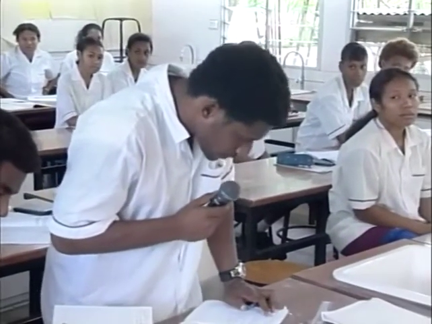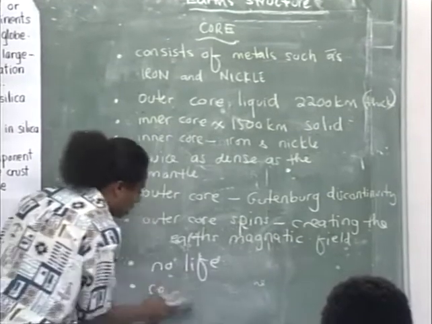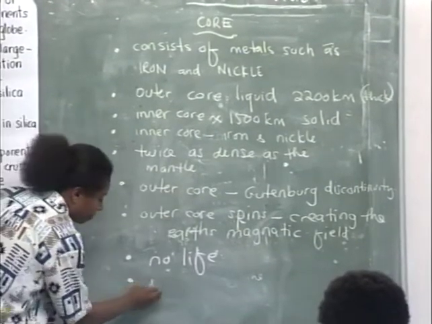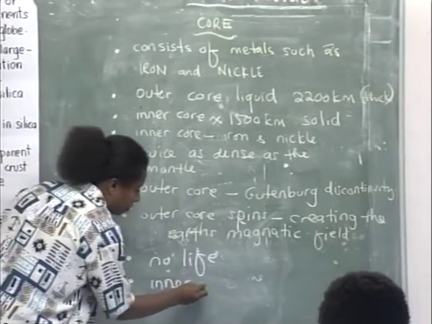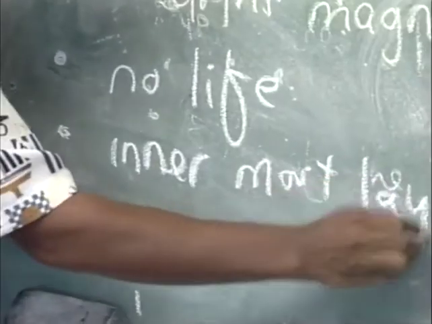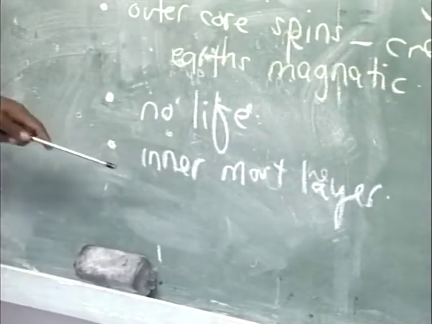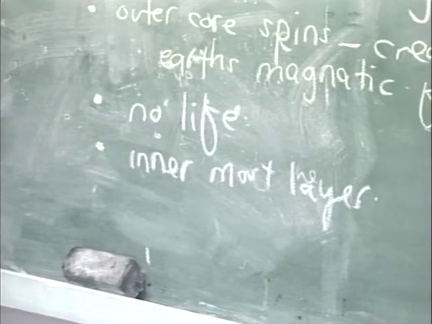It is the center of the Earth. Okay, we're looking at the center, or the innermost layer. Let's maybe use the innermost layer. Thank you, Francis. Okay, so we have the innermost layer. That's a characteristic we must definitely include.